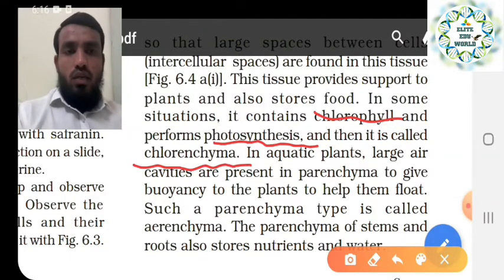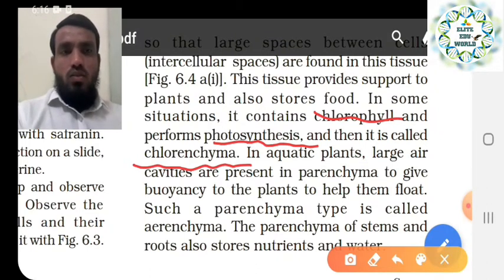So in aquatic plants, the parenchyma cells have more intercellular spaces, air cavities inside. With the help of these air cavities, they can float on water. They are very lightweight and have buoyancy. That is why the plant can float on water. We see this especially in aquatic plants. Because of these more air cavities, it is given the name aerenchyma.